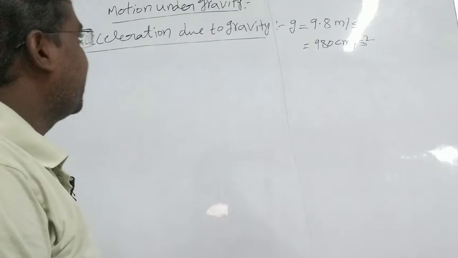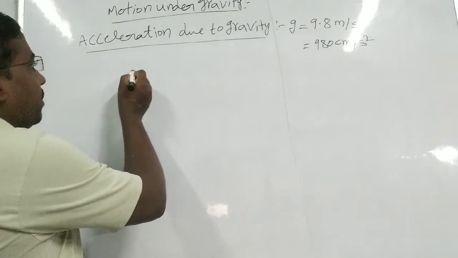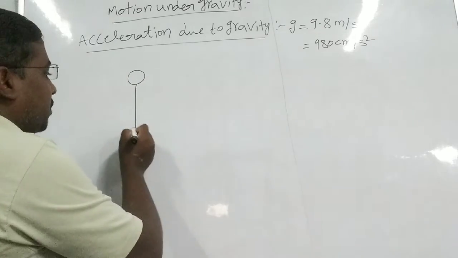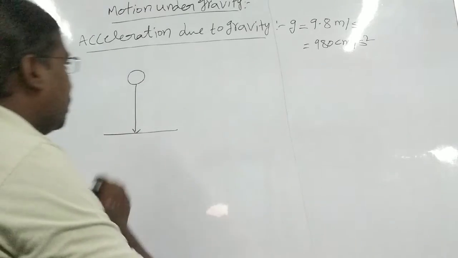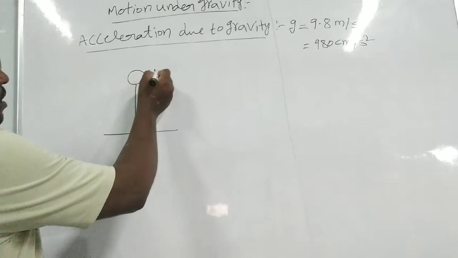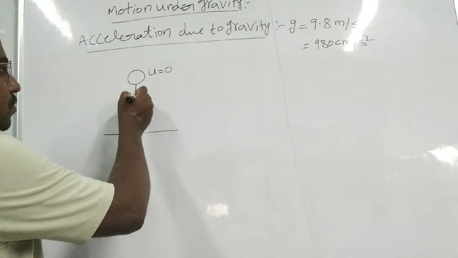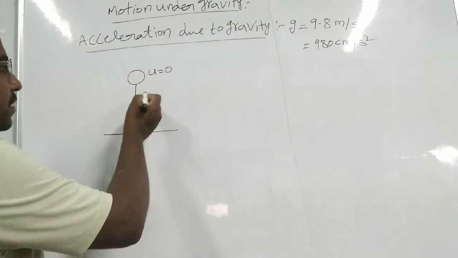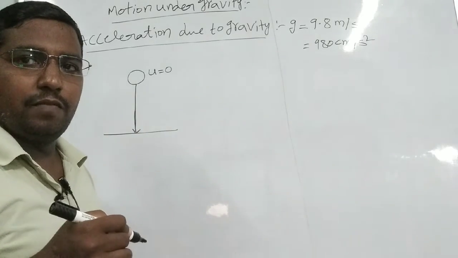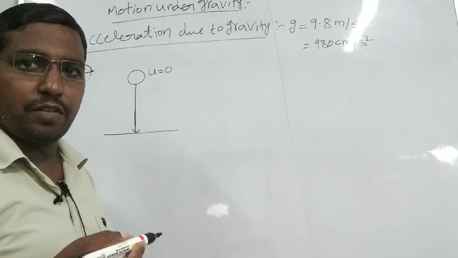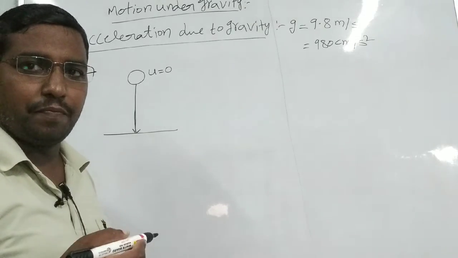So, what is acceleration due to gravity? Take an object freely falling from a certain height h to the ground. The initial velocity of the object is 0. As it moves towards the earth's surface, its velocity increases. This increasing velocity gives acceleration, which is provided by the earth.